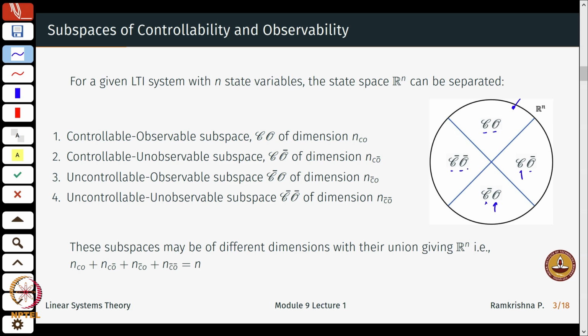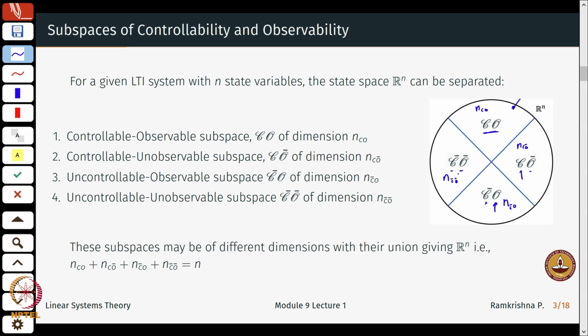And we say let us decompose this system into these 4 kinds of subspaces, where the part which is both controllable and observable, I call it of dimension n_co; the part which is controllable but not observable, I call it n_c o bar; the part which is observable but not controllable, I call it n_c bar o; and this is the part which is neither controllable nor observable.